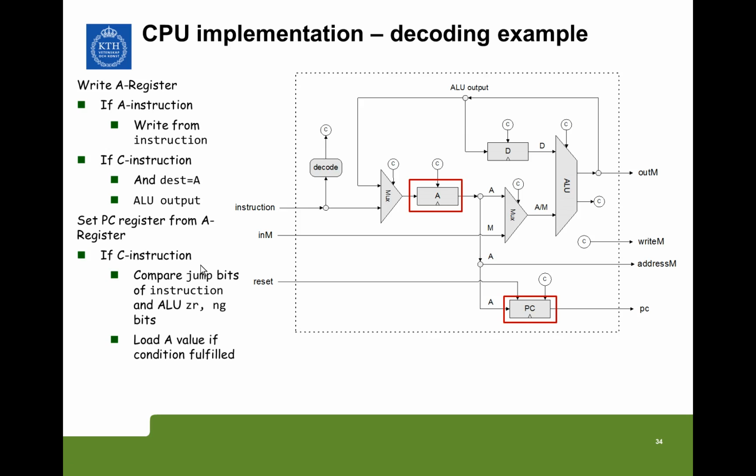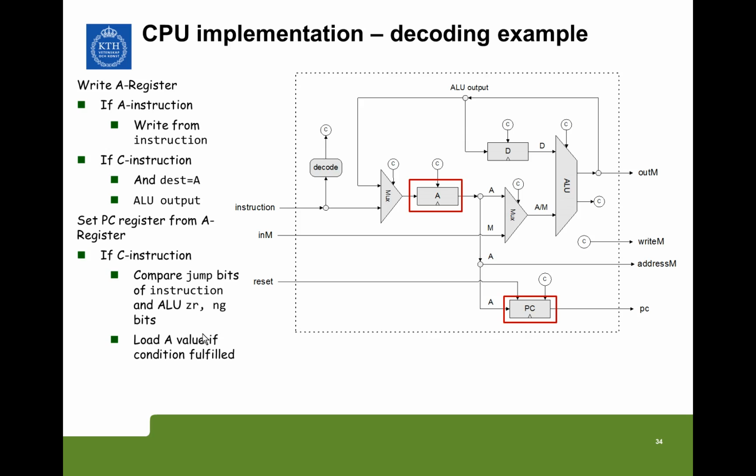Then our computer has to compare the jump bits of the instruction, where the condition is given, and the result of the calculation, that is the zero and negative bits of the ALU, and from that figure out whether the condition is fulfilled or not.